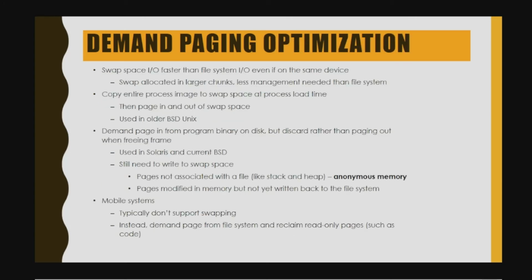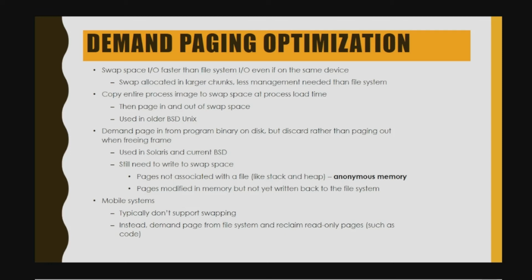Here is demand paging optimization. Swap space input and output is faster than file system input and output, even if on the same device. Swap space is allocated in larger chunks, and less management is needed than in the file system. It will copy the entire process image to the swap space at process load time, and then page in and out of the swap space.